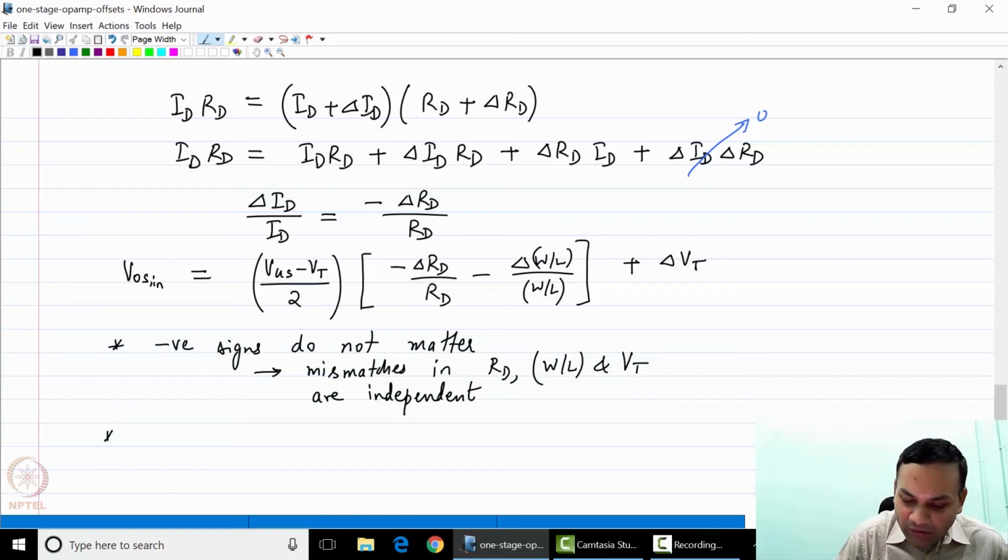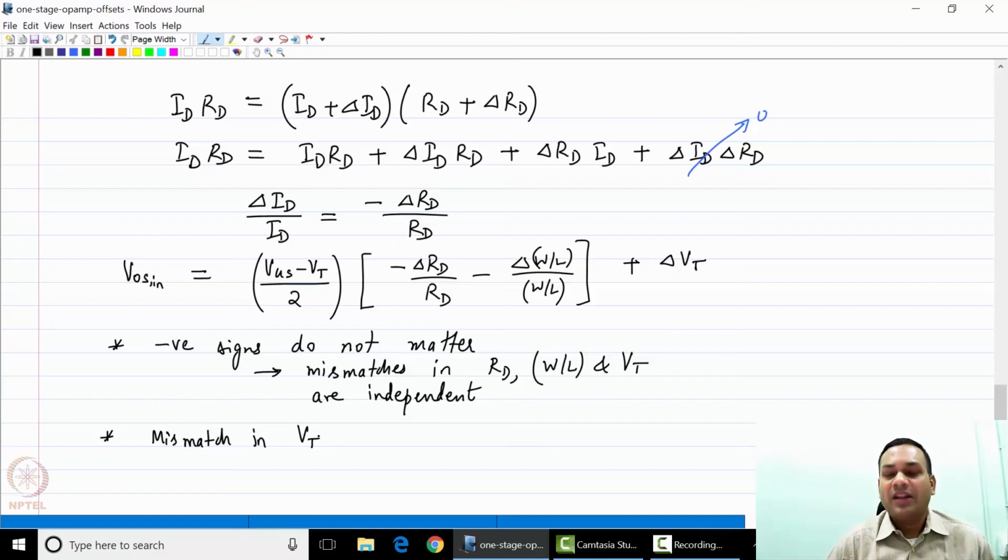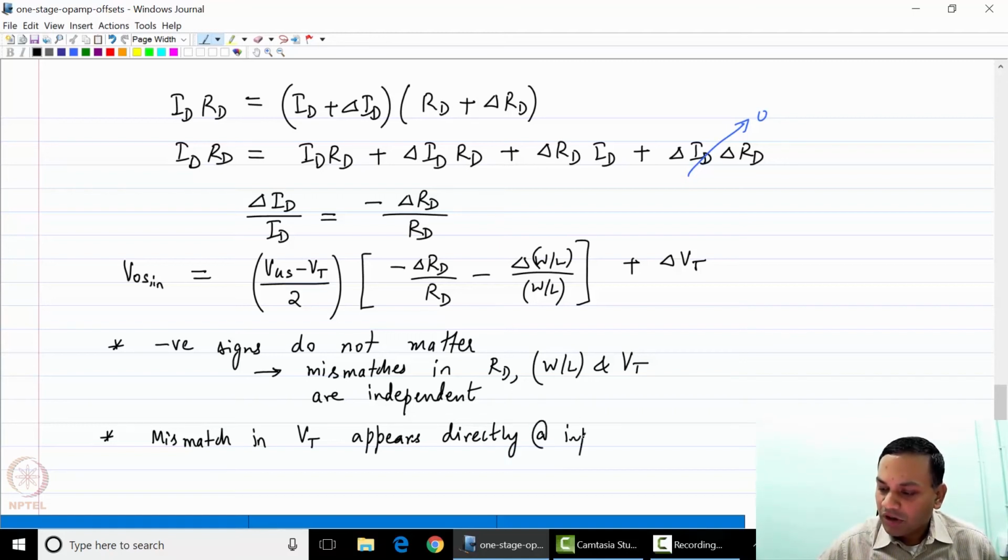But before doing that, we will just note down one more point, which is that the mismatch in the threshold voltage appears directly at the input of the differential amplifier. Now this is quite important.